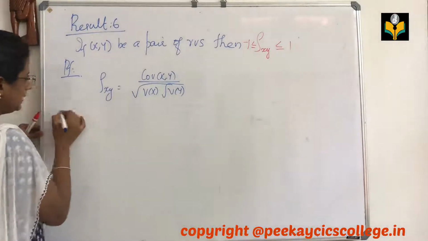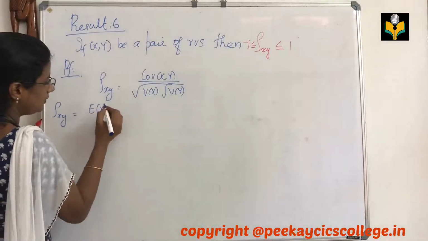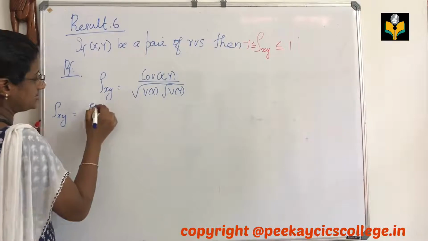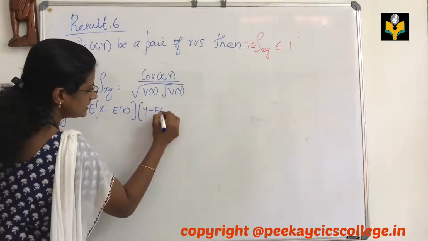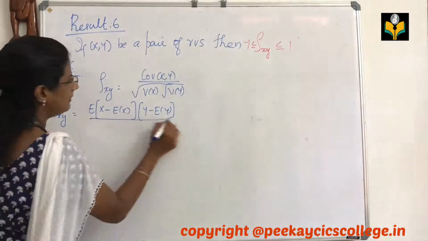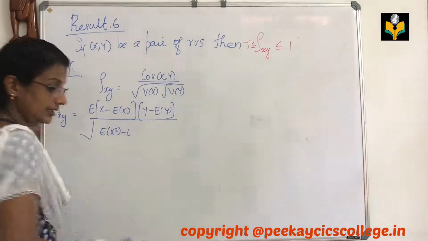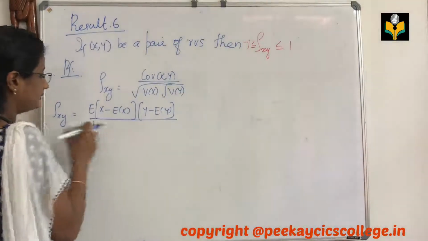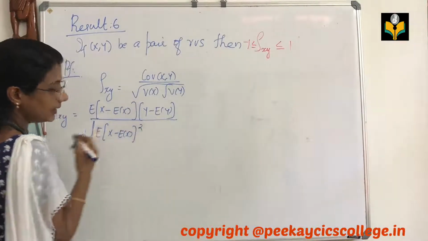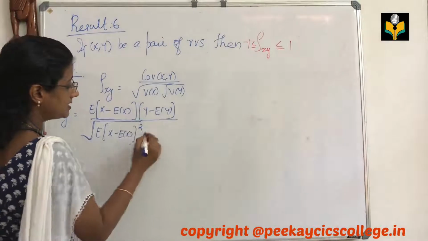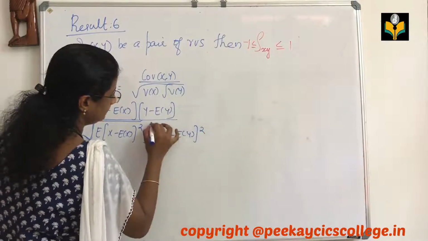Rho xy equal to covariance of xy, the standard formula, expectation of x minus e of x into y minus e of y, divided by square root of expectation of x minus e of x the whole square, then variance of y, square root of e of y minus e of y the whole square.